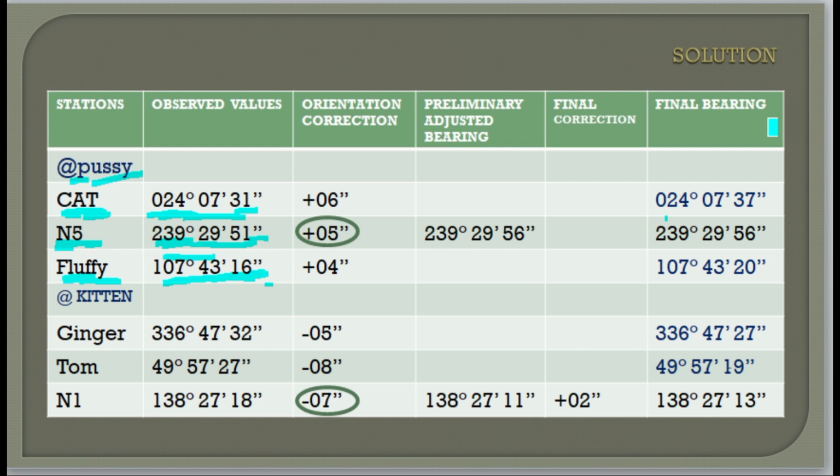So we have the observed values and we have the final bearings. Those are the final values for both the cat and the fluffy. As you can remember from our other tutorials or other videos, you find the orientation correction to be applied in order for you to find the value that was correct, the value that is given to our final bearing here.